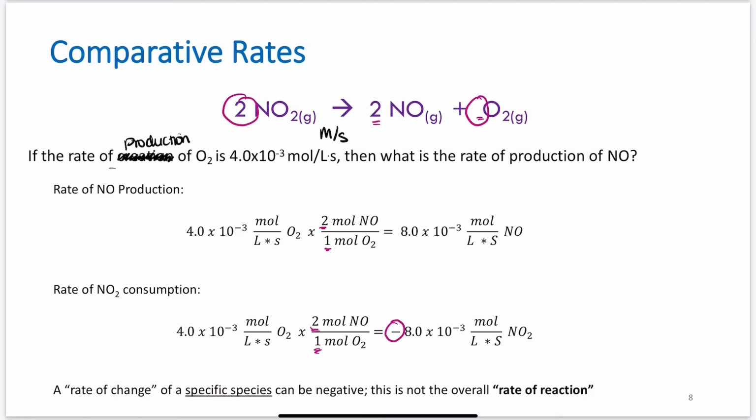It is being consumed at a rate of 8.0 times 10 negative third molar per second NO2. So a rate of change of a specific species can be negative. This is not the overall rate of reaction. It's just telling me that the rate is negative because it's being consumed. It's not that it's really negative. It's a way for us to express mathematically that that reactant is being consumed in the reaction.